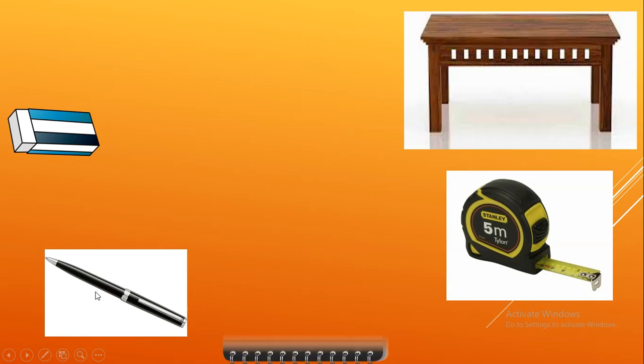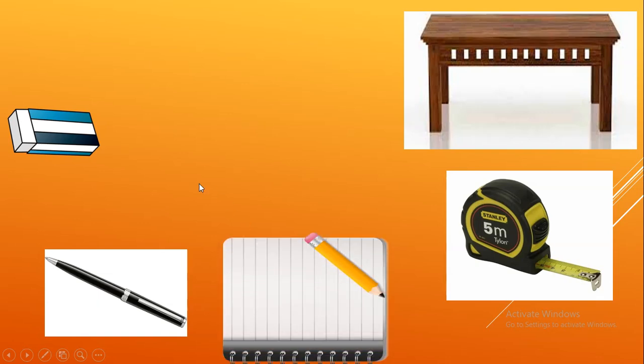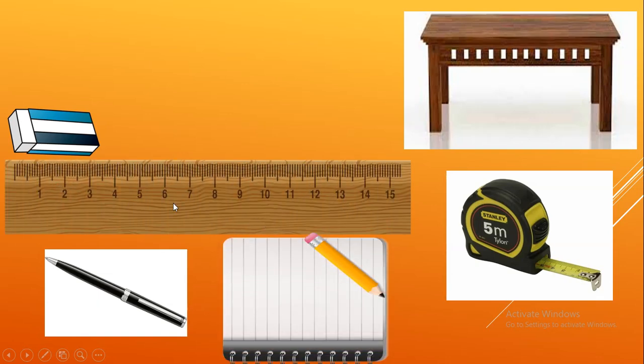Now, this is a table. You know it's a solid, right? We can measure solids. We can measure how long a solid is. Like this table here, I can measure the length of its surface using this meter. Now this eraser here, the pen, the notebook, and the pencil, I can use this ruler to measure their length.